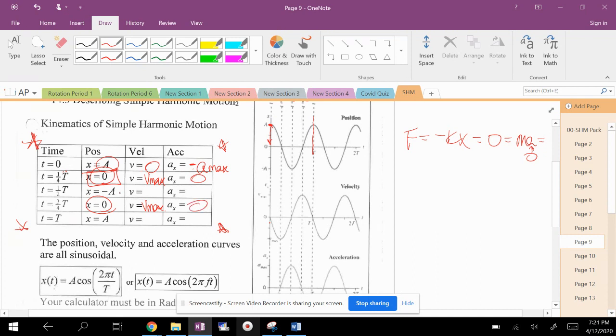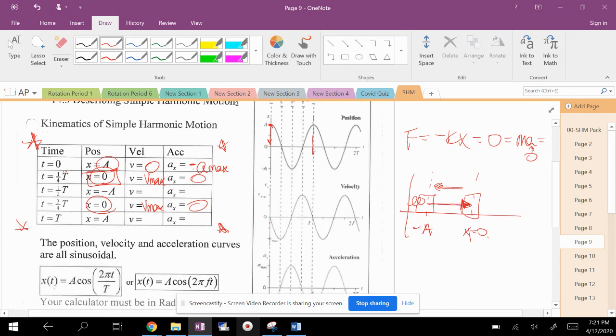And then if I have a block and this is equilibrium and it's been compressed at this point, it went to the point of negative A. This is x equals 0. So which way is the restoring force going to make it go? Well, it's going to make it go this way.